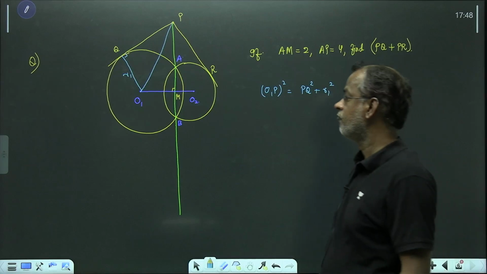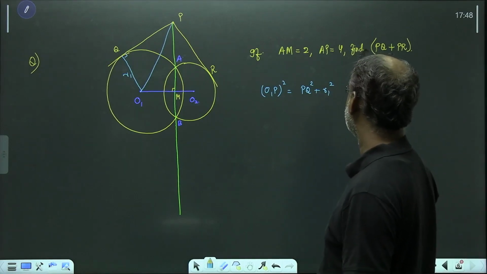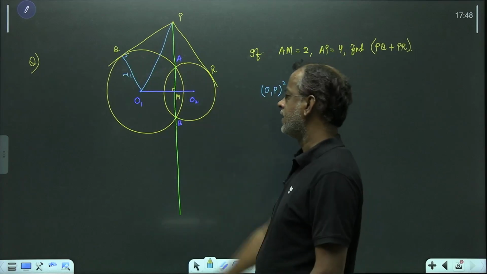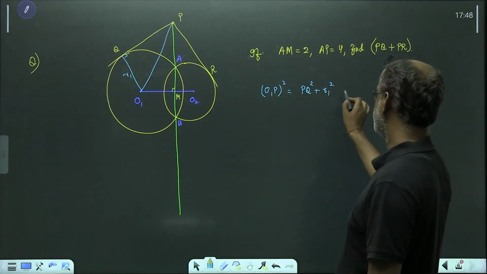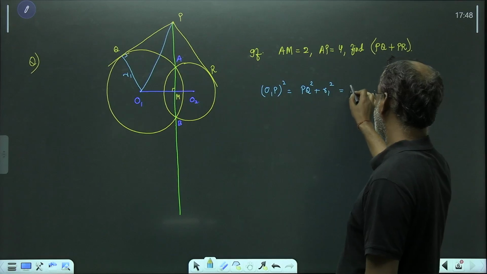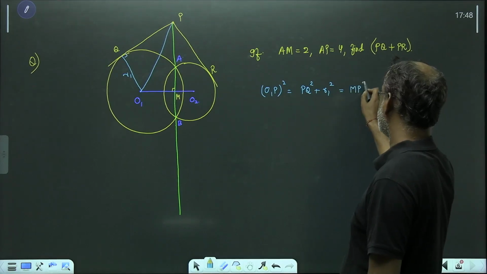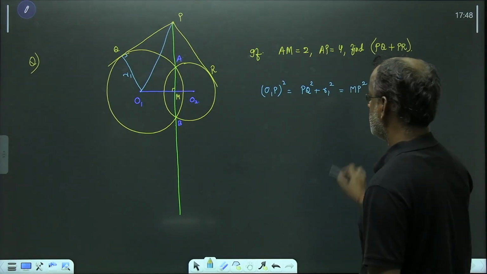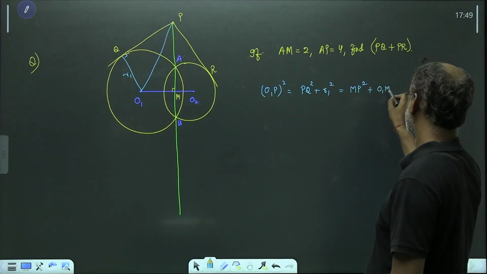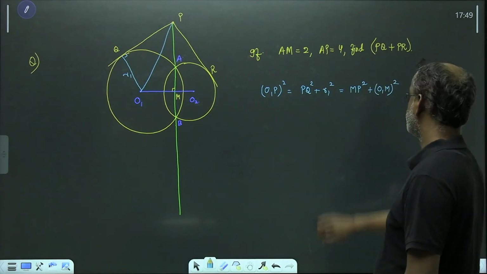Further, in this right angle triangle, we can say this is equal to MP square plus O1M whole square.